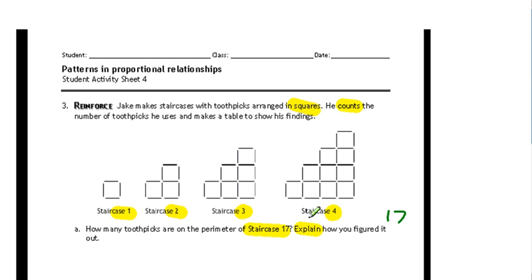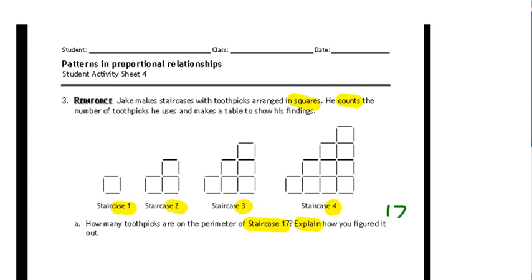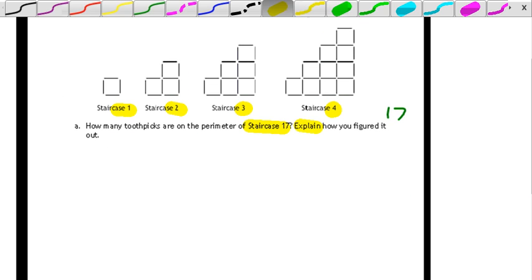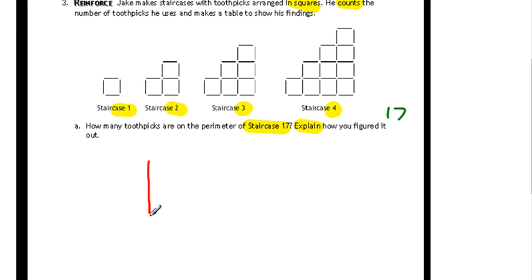All right, so here's what I'm going to do. I'm going to make a table, and I'm going to have my variables be S for the staircase and T for the toothpick. So I have 1, 2, 3, and 4.